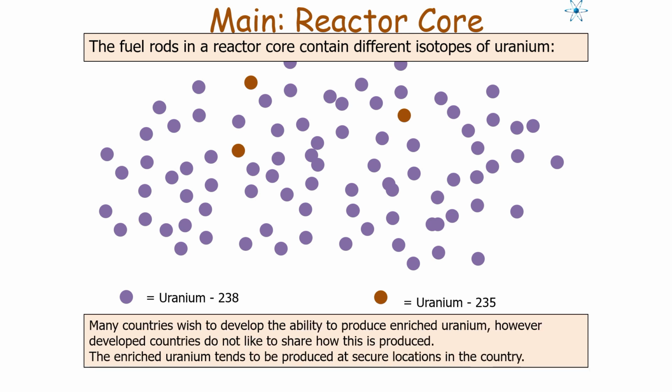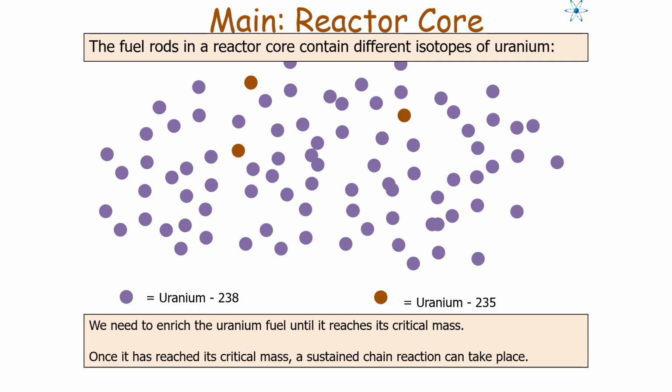Now, many countries wish to develop the ability to produce enriched uranium. However, developed countries do not like to share how this is produced because the enriched uranium tends to be produced in secure locations in that country. Now, we note that when we're doing the fission process, we need to enrich uranium fuel until it reaches its critical mass, because once it's reached its critical mass, a sustained chain reaction can take place.